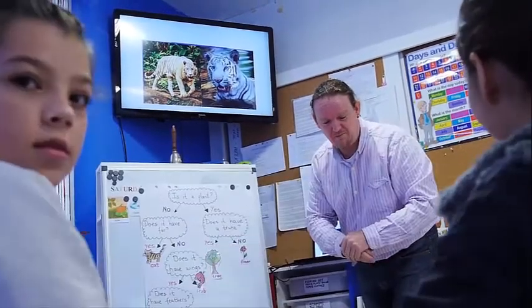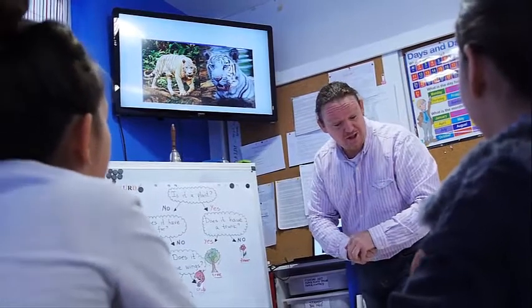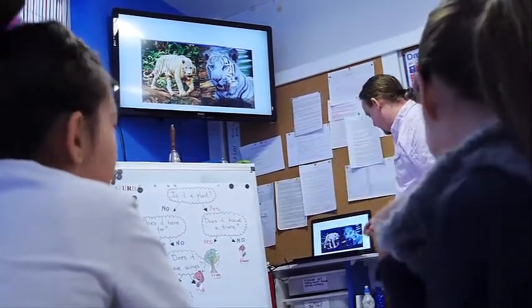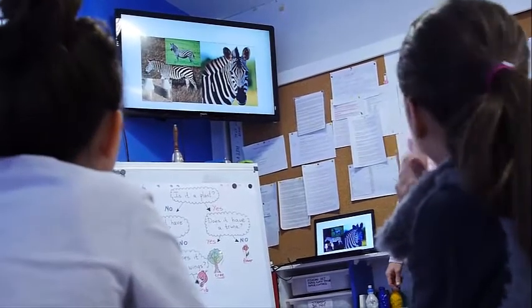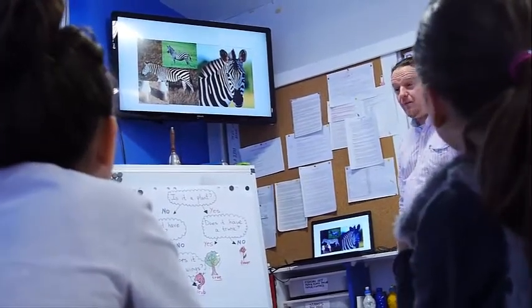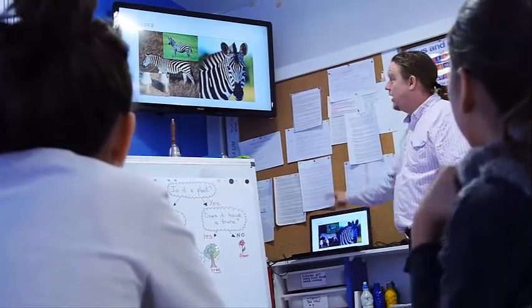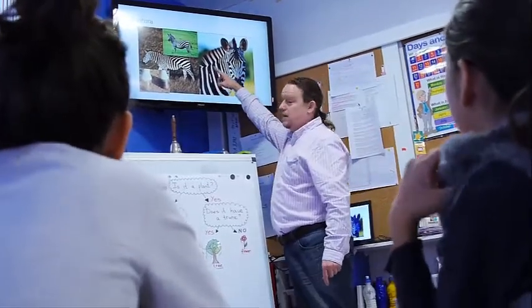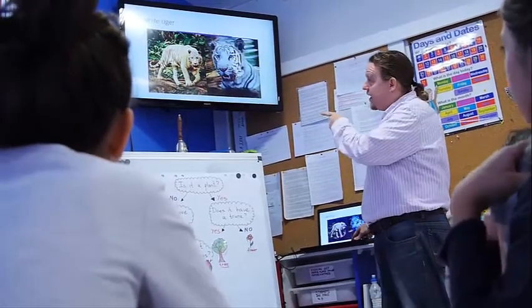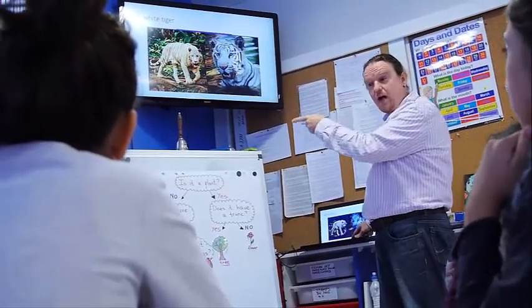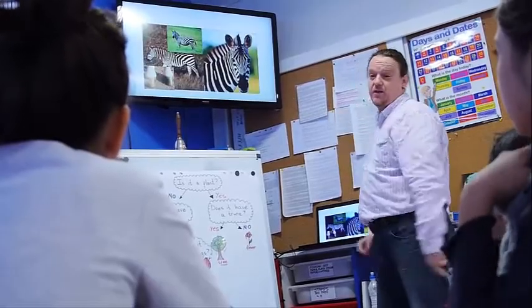Like Natalie's jacket. Okay, what's the next one? That one's a white tiger. White tiger. What's this one? Zebra. It's a zebra. And what are these? Stripes. It has stripes. So look, like the tiger has stripes and the zebra has stripes.